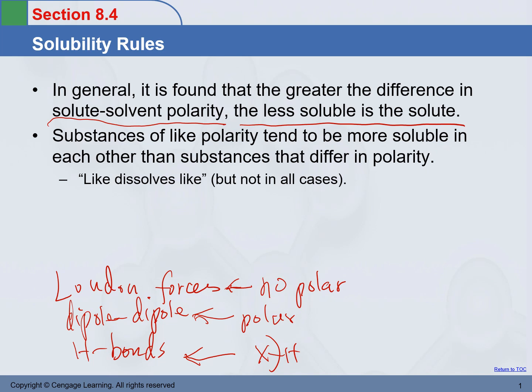If you are given a molecule and they ask you, will this molecule be soluble in water or not? What do you do? You draw the Lewis structure, predict the polarity. If it is polar, it will be very likely to be soluble in water. If it can form hydrogen bonds with water, then it will be very soluble in water.